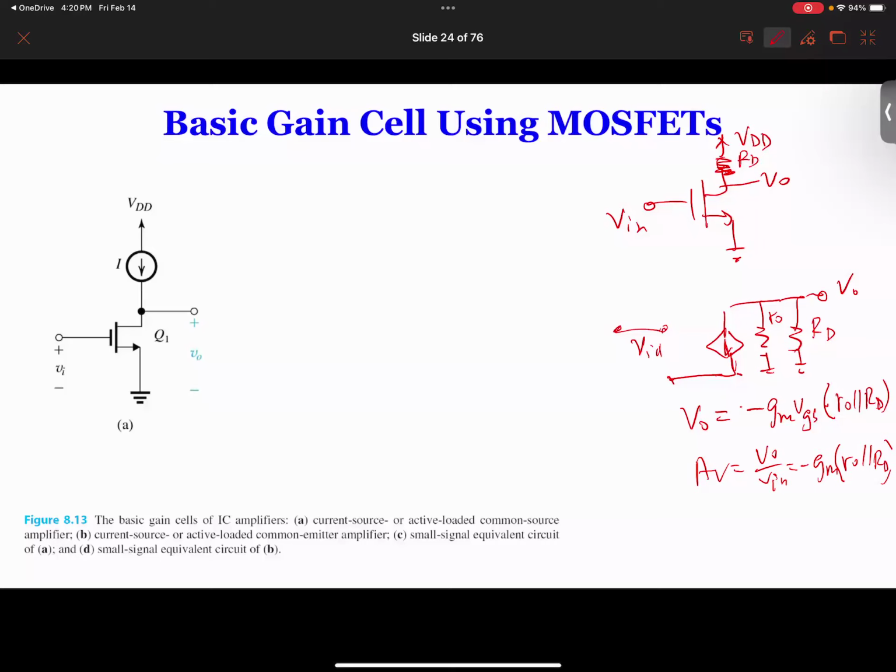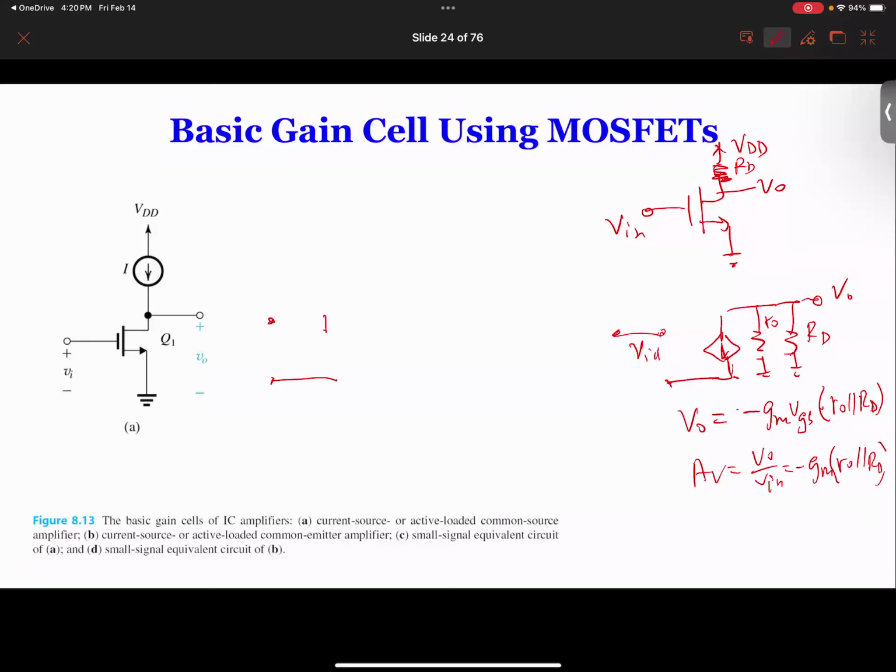Now for this one, we don't have that resistance. So in theory, if you draw the equivalent circuit, it will become something like this. If that current source is ideal, what is your output now?